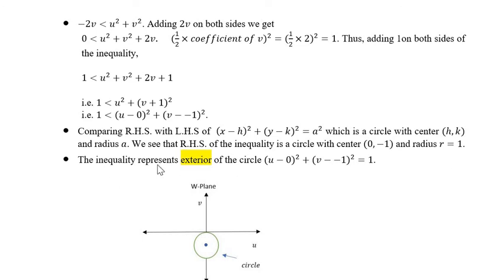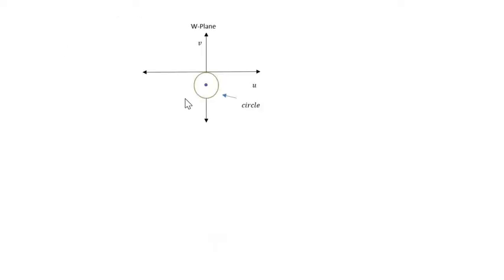The inequality represents the exterior of the circle u minus 0 whole square plus v minus minus 1 whole square equal to 1. That is the region which is outside the circle with center 0, minus 1 and radius 1. The exterior of this circle is the image of y less than 1 by 2.